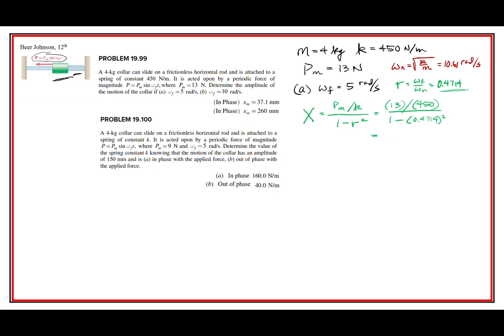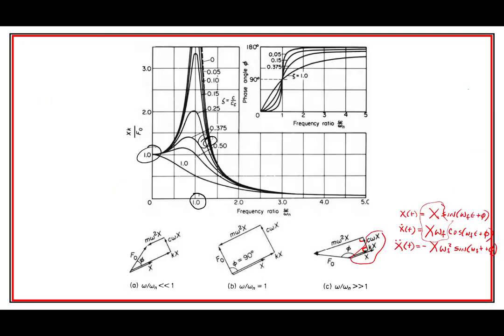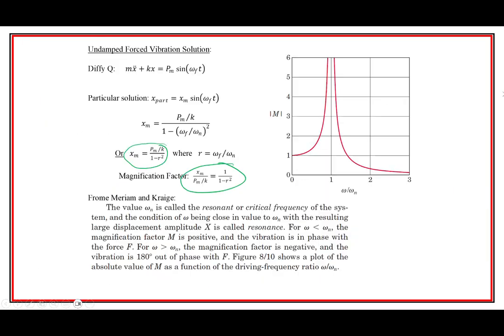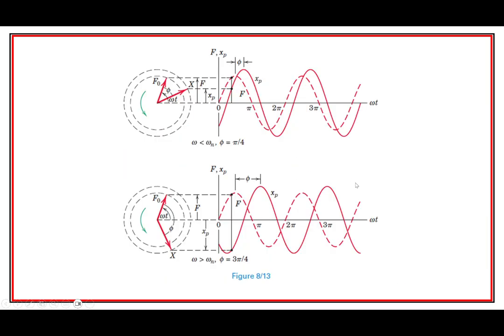So we're on the left-hand side of, let's see, this guy right here. We're somewhere here, so we're in phase. This is the in-phase region, and here's the out-of-phase region when it comes to the undamped version of this.